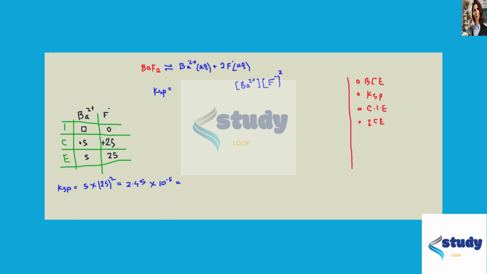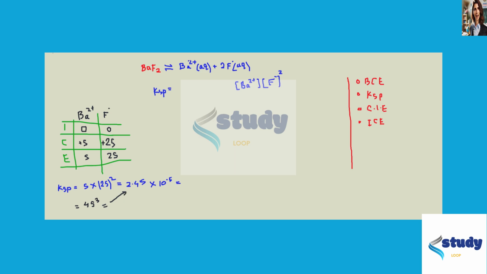From there we can calculate S. So what is here? It should be 4S cubed. That should be the same value.